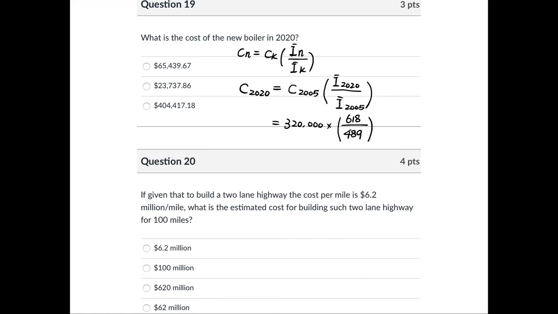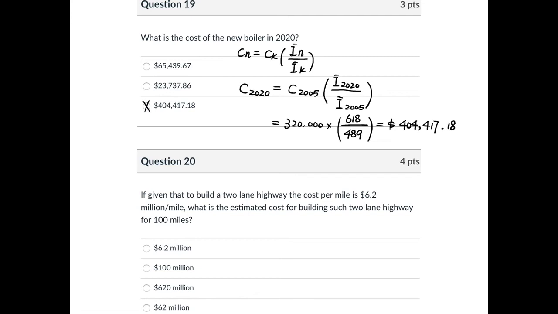I bar 2005 is 489. Okay, so the answer is 404,417 and 18. Okay, so that's your answer.